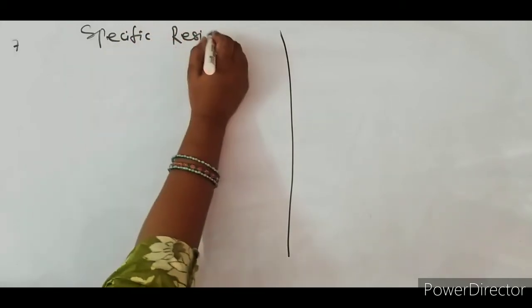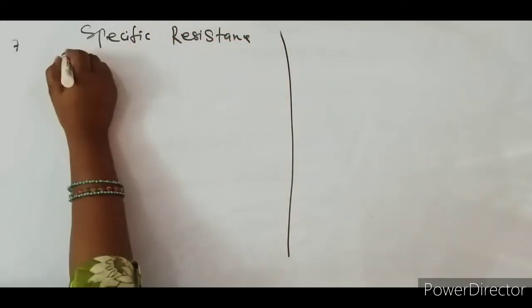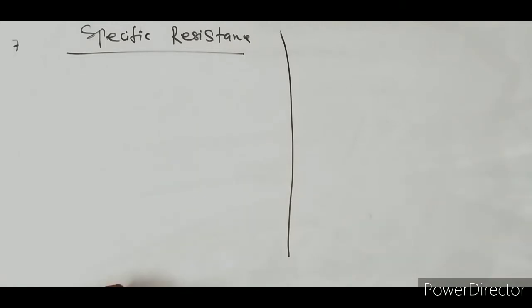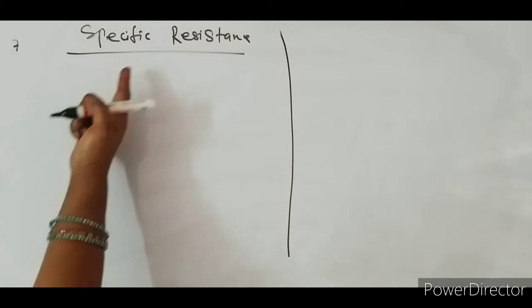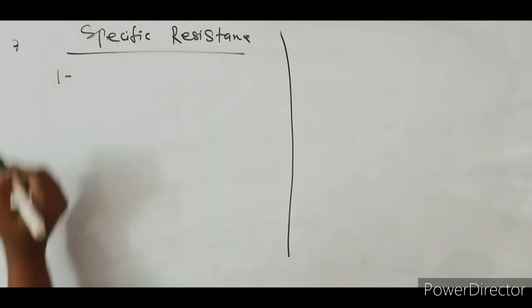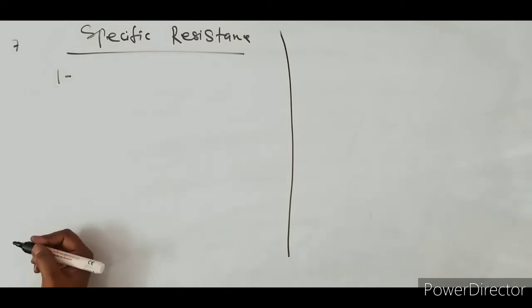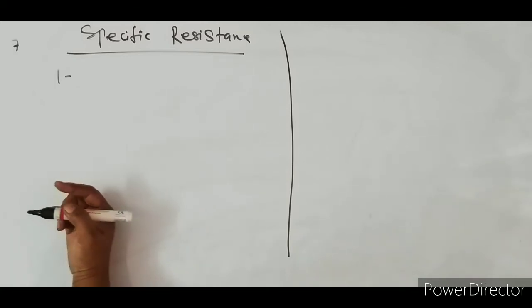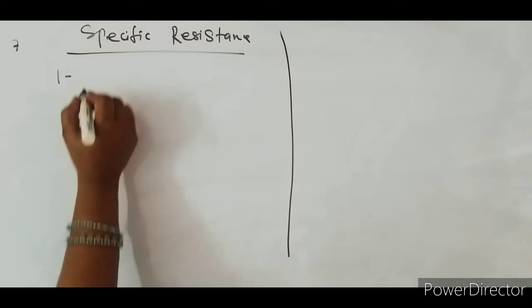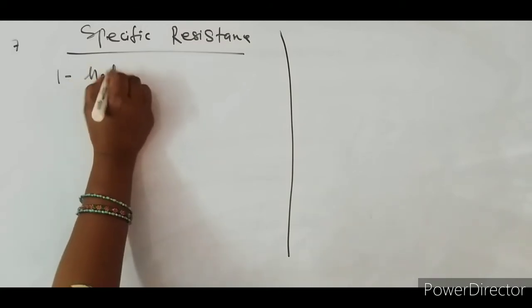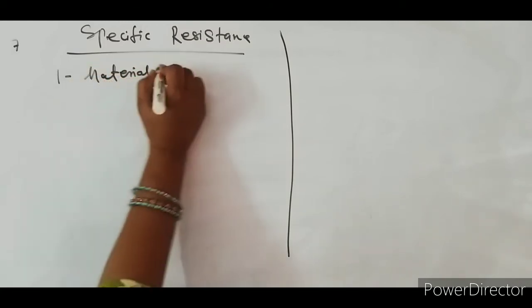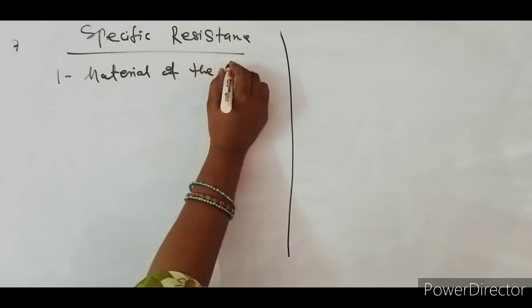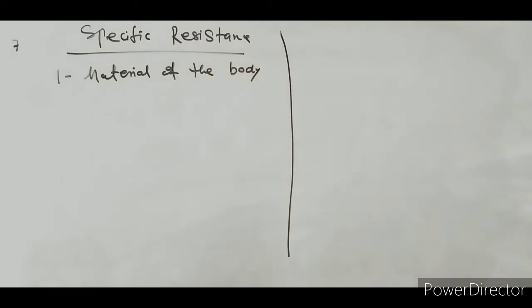Now the factors on which specific resistance depends. First, it depends on the characteristic property of the body, the material of the body.